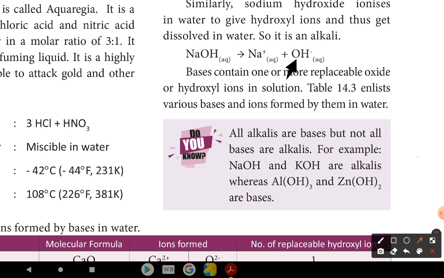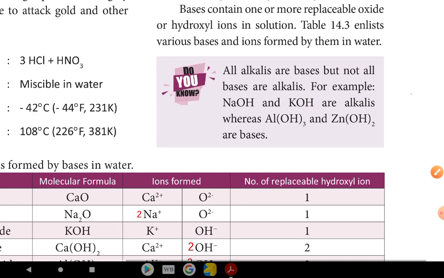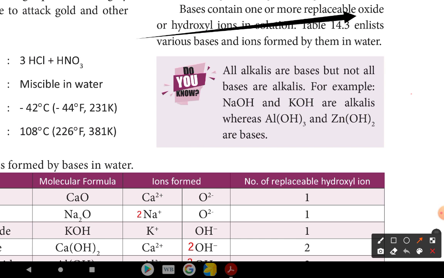Okay, alright, then let's go on to the next one. Bases contain one or more, what does it say here? Bases contain one or more replaceable oxide or hydroxyl ions in solution. So bases enna pannum? In solution, it will give one or more replaceable oxide or hydroxyl ions. இது bases.